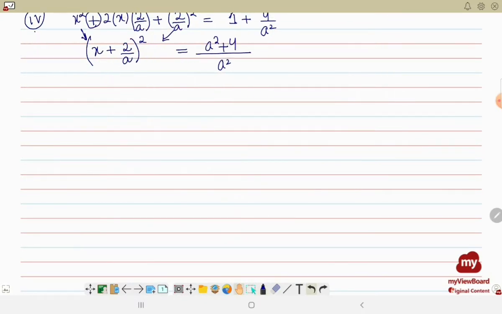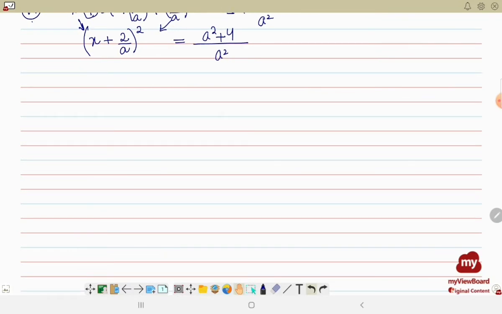In the next step, what we are going to do, we'll have to remove this square. So we'll take square root on both sides. x plus 2 by a whole square equals, and on the right hand side also we have to take the square root.